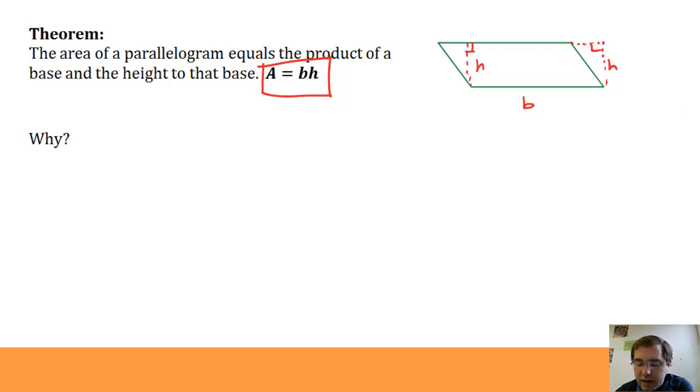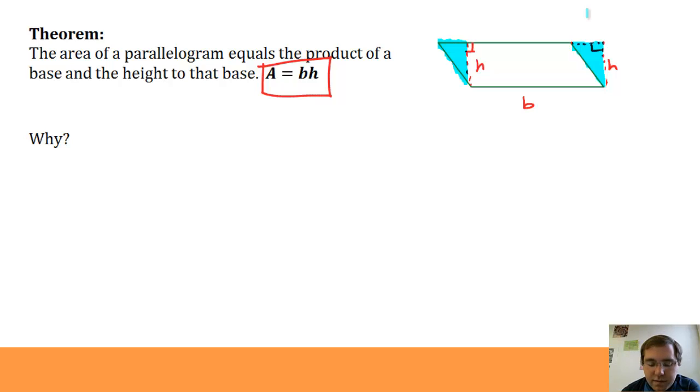So the way that I just sketched these heights on my parallelogram is actually going to be useful, because we can show that this triangle over here, which is part of the parallelogram, is equal in area to this triangle over here, which is not part of the parallelogram. I can show that they're equal in area because I can show that those two triangles are congruent. And then the theorem that says that congruent figures have the same area will tell me that they're equal in area.